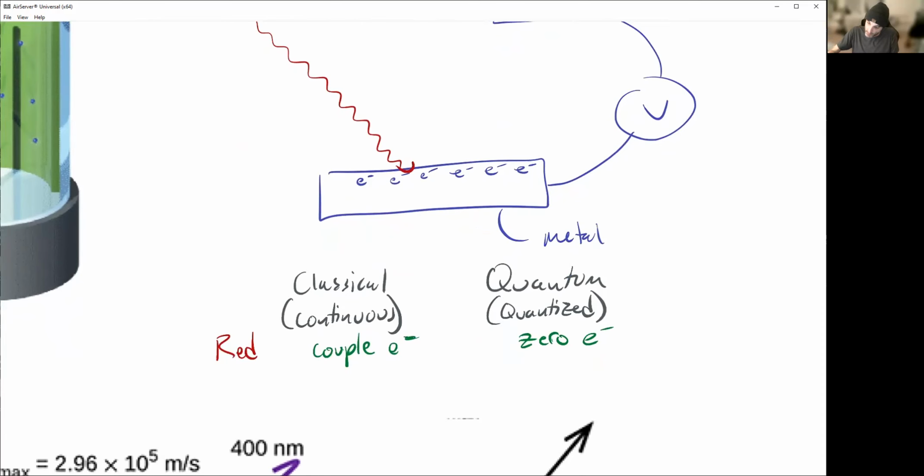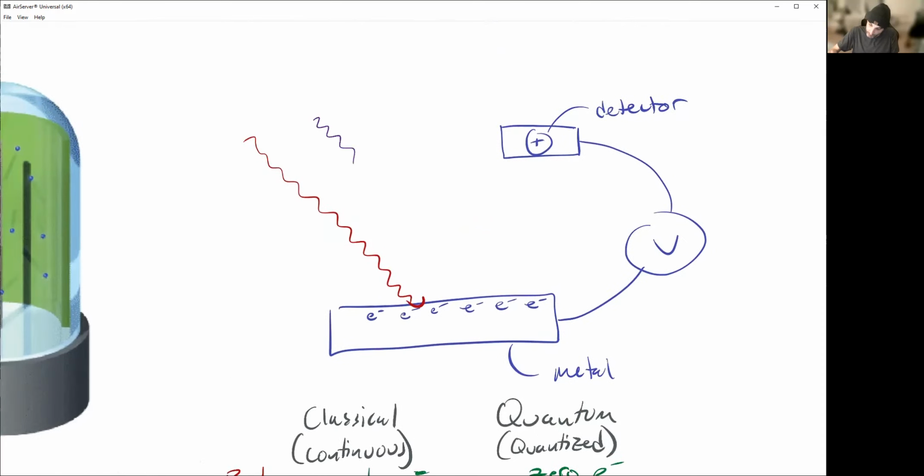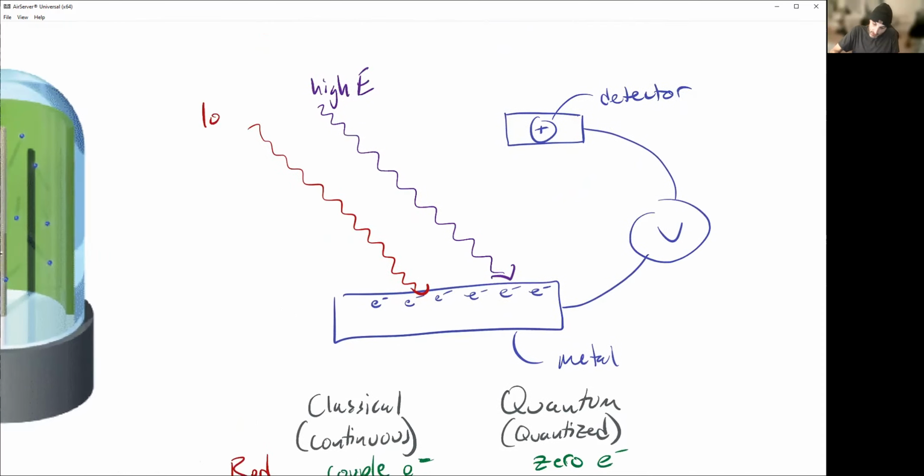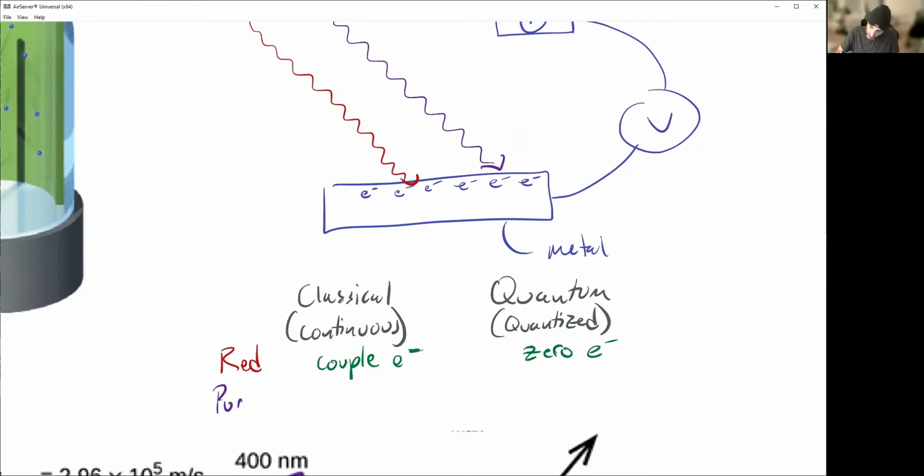But if we hit this thing with purple light, which is higher energy, and the red light is low energy, we'd expect to get a lot more electrons, and quantum is going to get lots of electrons as well.